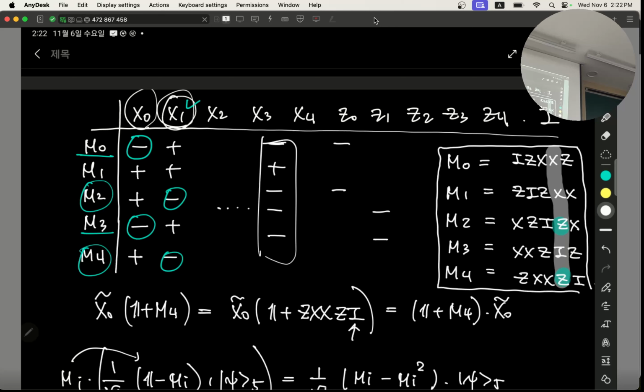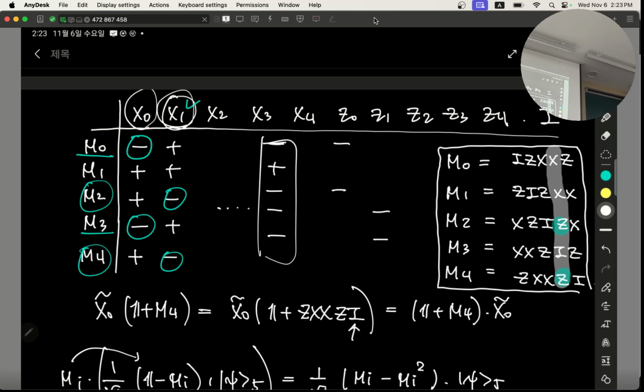Okay. But now you see the idea here. If you have more physical qubits, and a different way of designing, then you may be able to detect X and Z errors independently, or detect more than one error, using similar ideas.